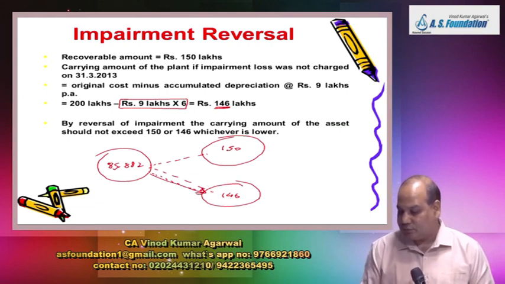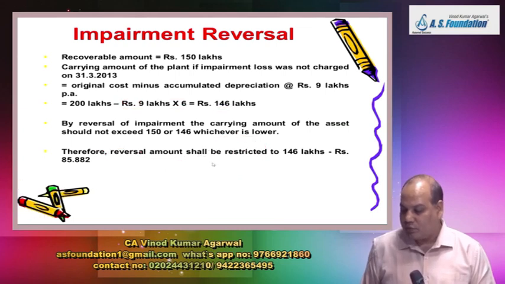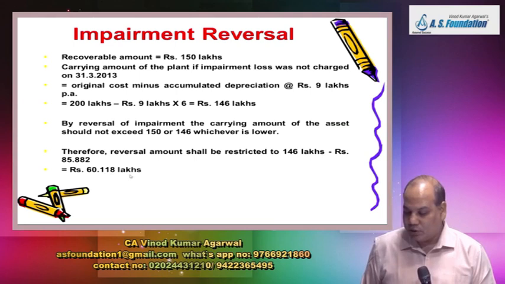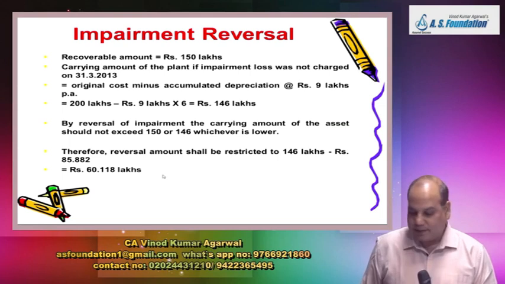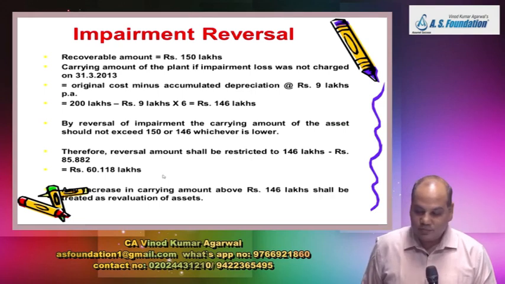Take the difference. 146 minus 85.882. So you will write reversal shall be restricted to 146 minus 85.882, 60.118 lakh rupees. Is it right? This is how you have to do the calculation. Any question can come in any form.